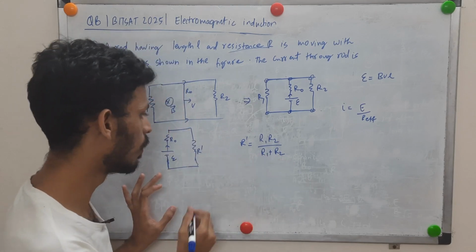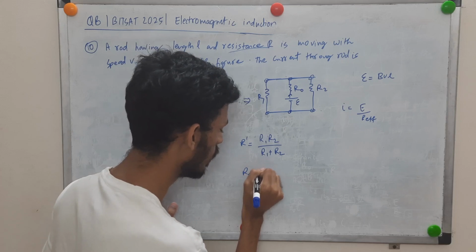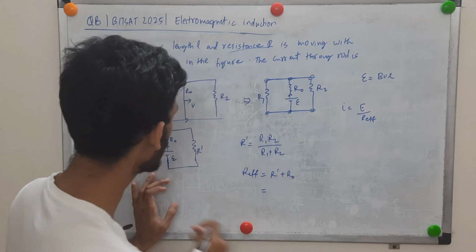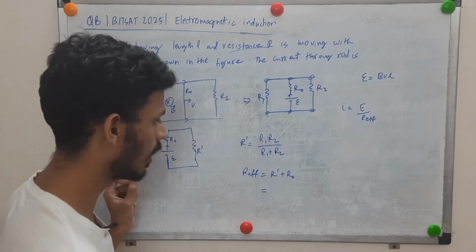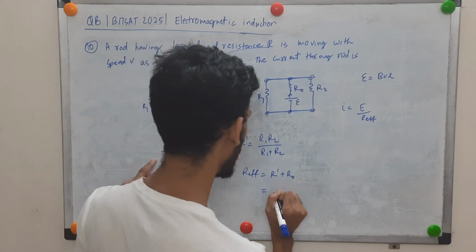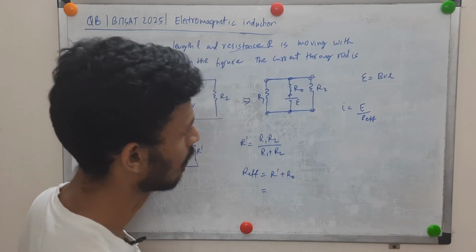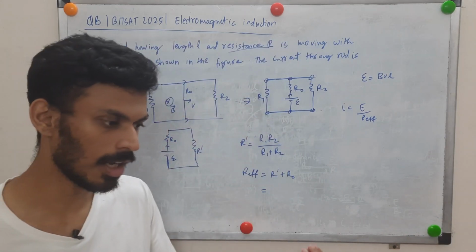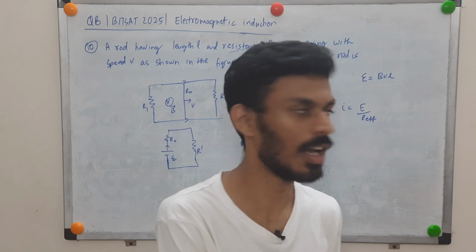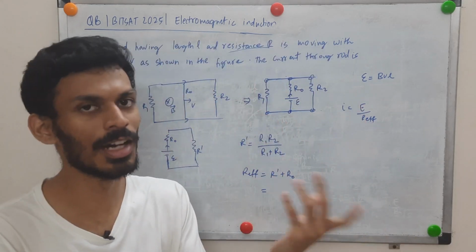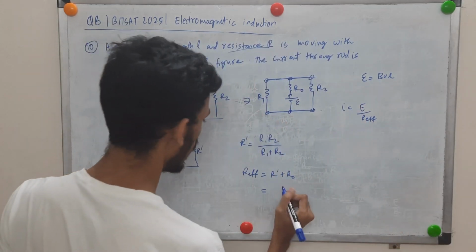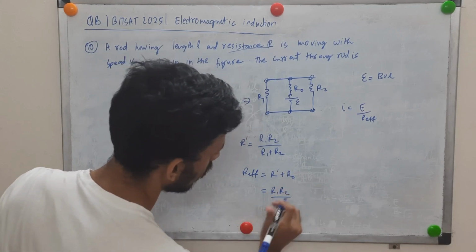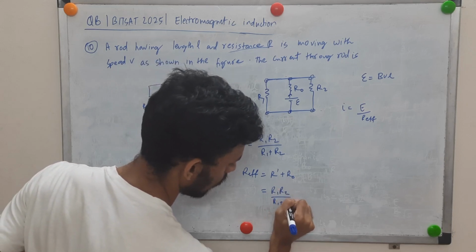So R effective will be this R prime plus R naught. They are in series, same current, and the current is what we are supposed to find. So let's find R effective first, because that is how the questions proceed. Whenever you have a circuit, you first find the R effective, and E by R effective will give you the current. That is the idea in every current electricity question.